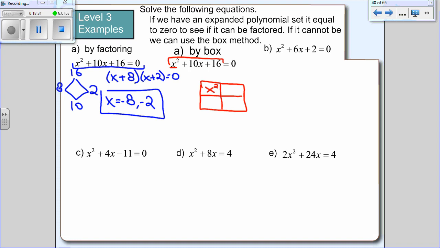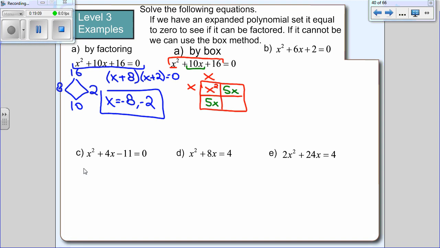Now, like I said, our goal was to create 2 binomials that were the exact same thing. So if your 2 binomials are going to be the exact same thing, that means your middle term, this 10x, has to split into 2 even parts. So what 2 numbers added together would be 10? 5 and 5. So I know I'm going to get 5x and 5x. And if this is an area diagram, then I need to ask myself, what number times x would give me 5x? 5.